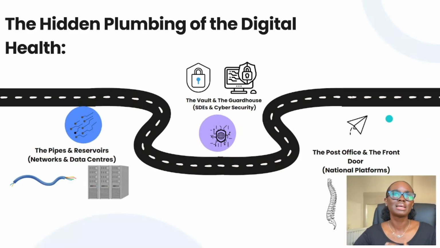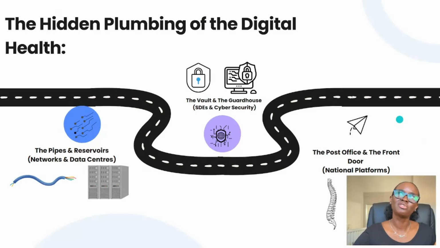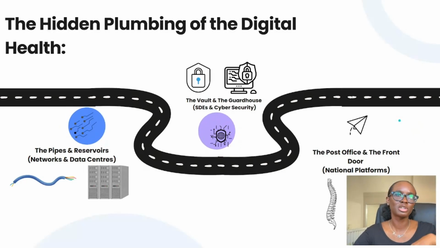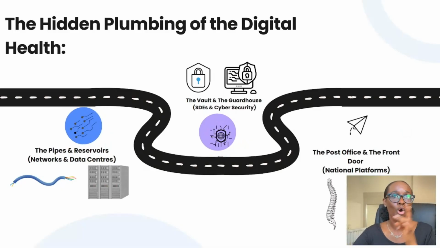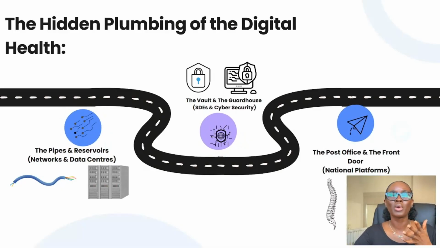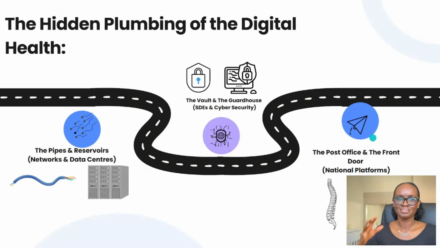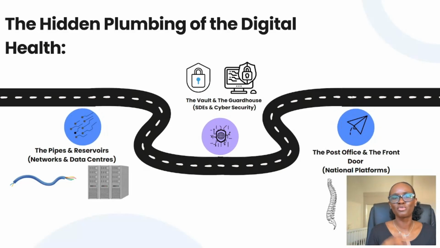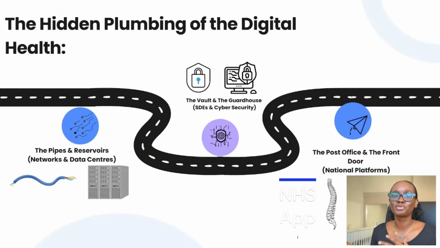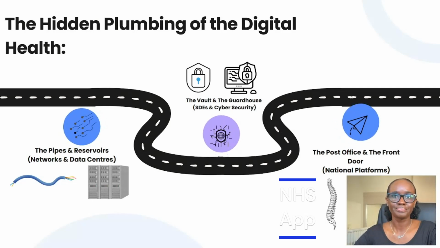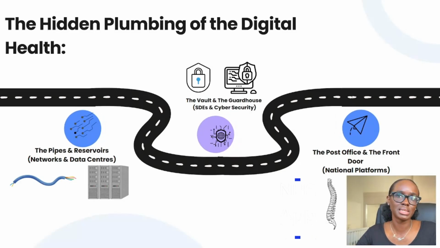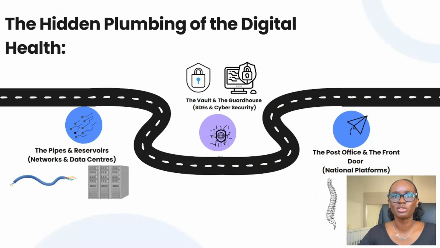But what if your clinic needs information that is very far? So it's not within that same hospital, it's another hospital, or a GP, and it needs to travel a long mile. Now, this is where we have the post office, the spine. It's a set of core services that allow different parts of the NHS to safely exchange information.